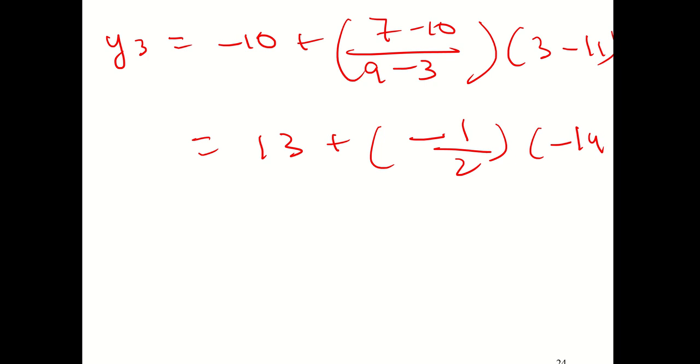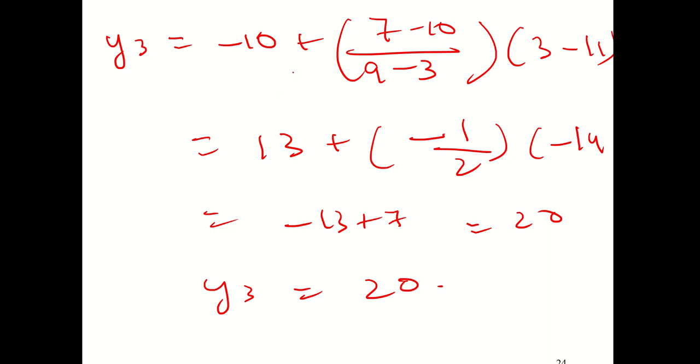So you get minus 13 plus 7, which is equal to 20. Then y3 is equal to 20. Here also you need to substitute the value of minus 10. Minus 10 in mod 23 is minus 10 plus 23, which is 13.